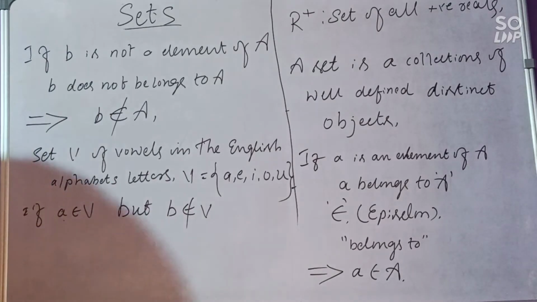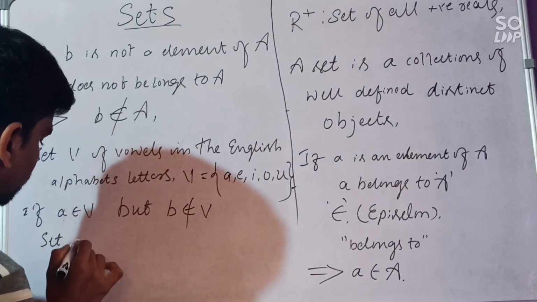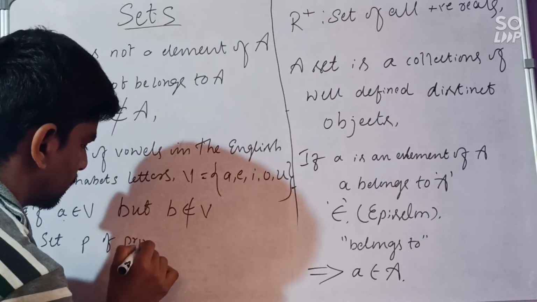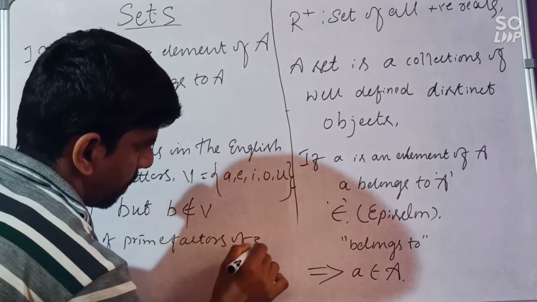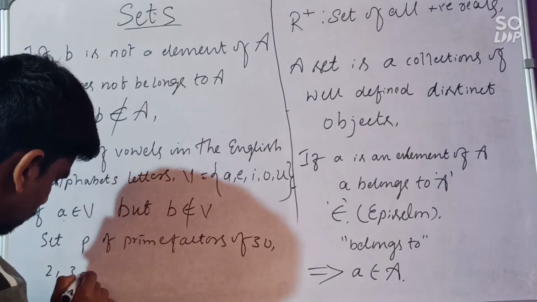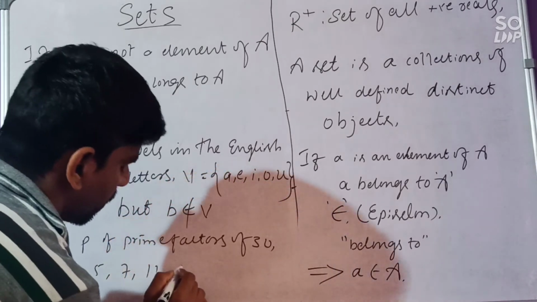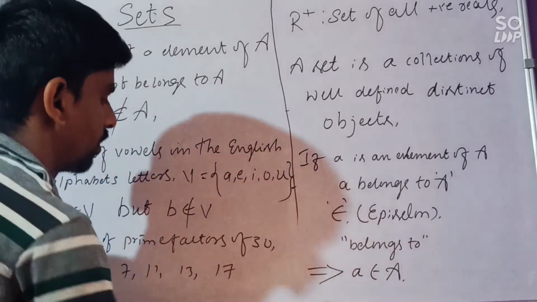Next, another example. In the set P of prime factors, we know prime numbers are 2, 3, 5, 7, 11, 13, 17, and so on.